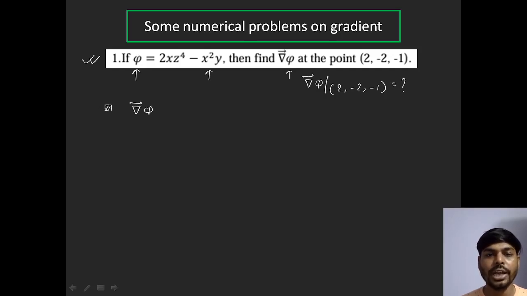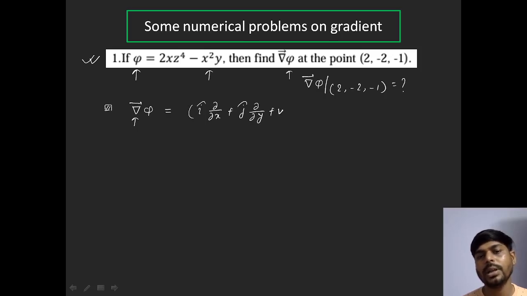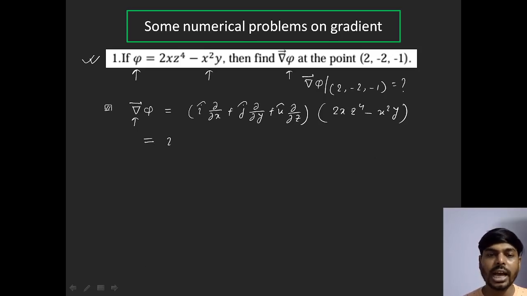So gradient of phi, you have to write the first expression of the nabla, that is i cap del del x plus j cap del del y plus k cap del del z, and side by side you have to write the expression of the given function, that is 2x z to the power 4 minus x square y. So we can write this in explicit form, that is i cap.